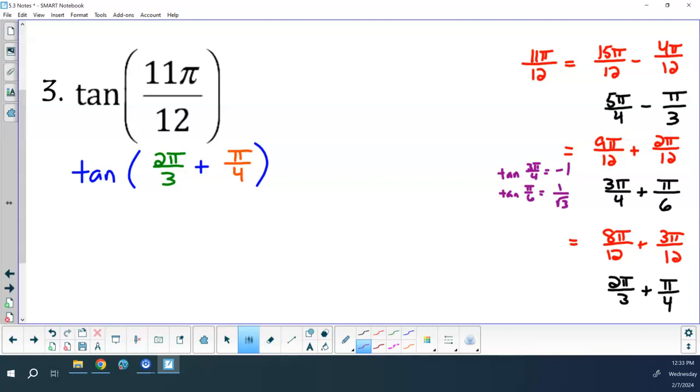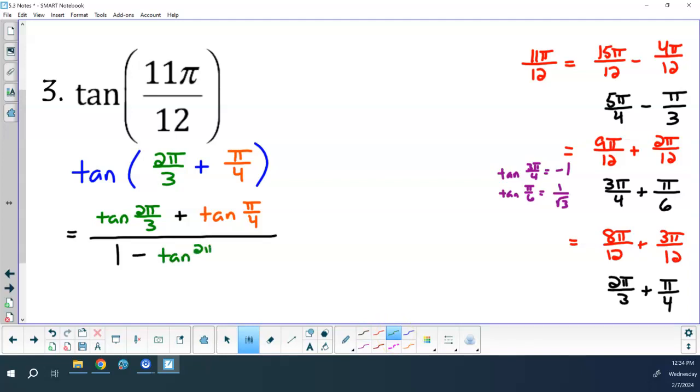As opposed to, if we do this one, so this is going to be the tangent of 2 pi over 3 plus the tangent of pi over 4, all divided by 1 minus tangent of 2 pi over 3 times the tangent of pi over 4.